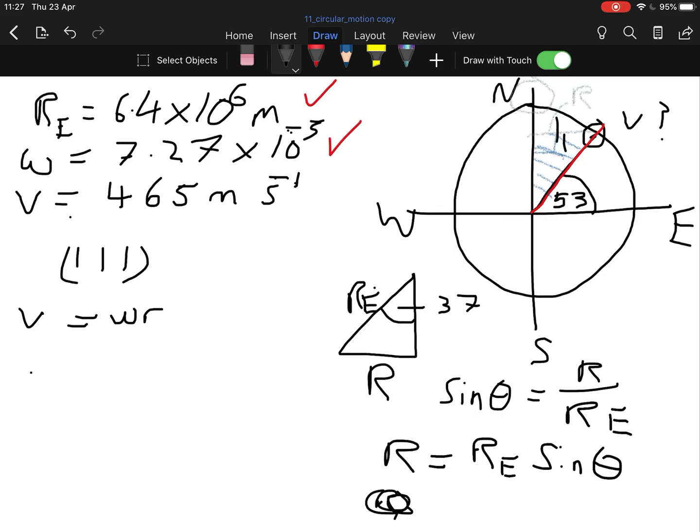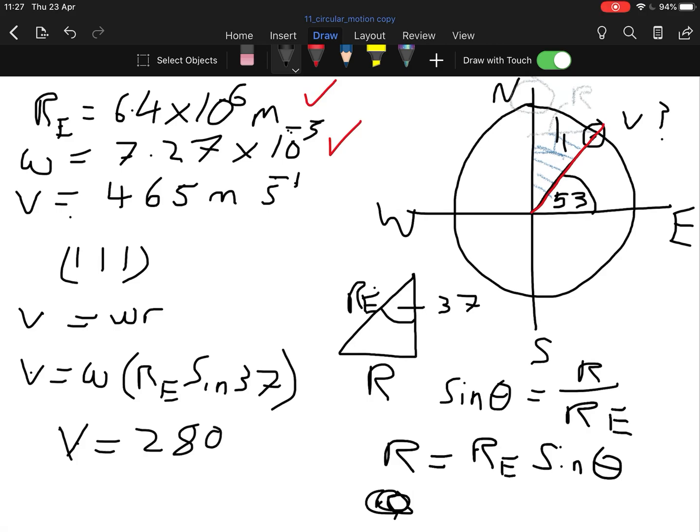Actually, I didn't work that out. What I did was I just threw that in up here. So v equals our omega value times the radius of the Earth sine 37. You should get a v value of 280 meters per second.